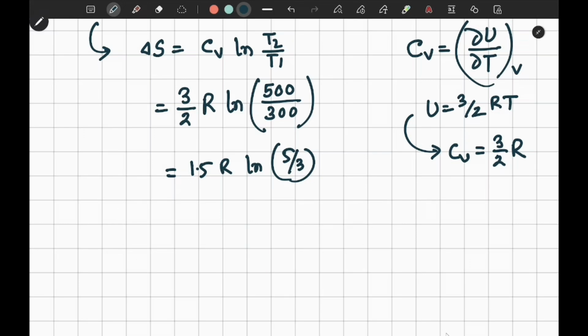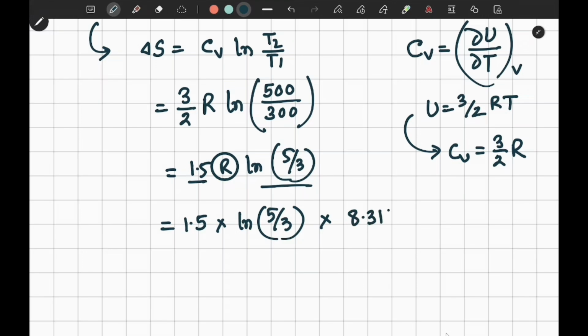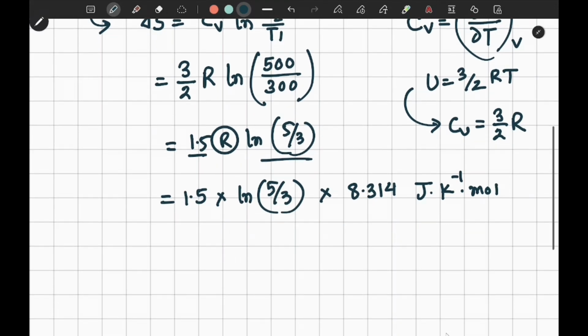Now, the unit will be guided by R, the universal gas constant. So we can write it as ln 5 by 3 times R, in joule, 8.314 joule per mole per Kelvin.